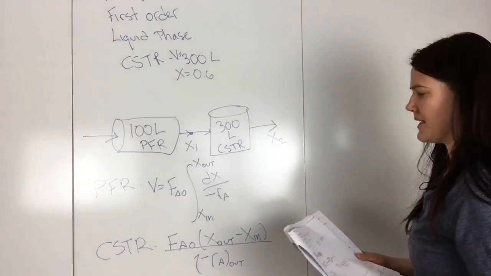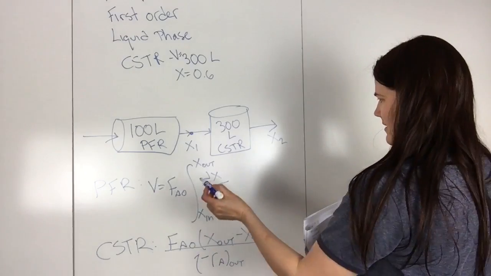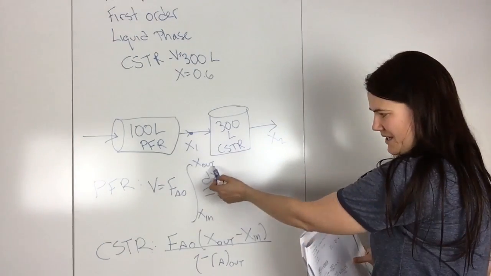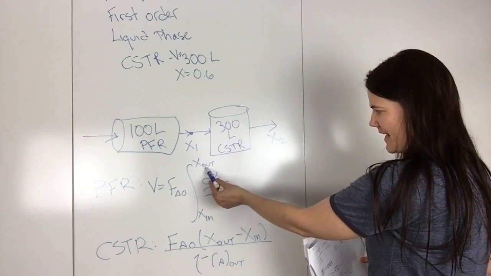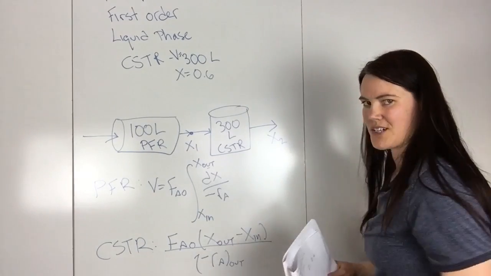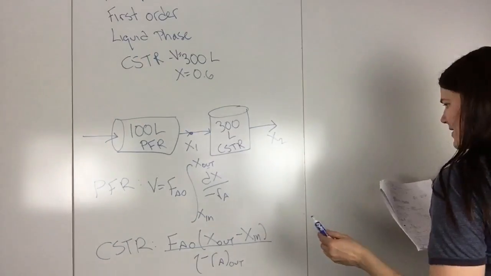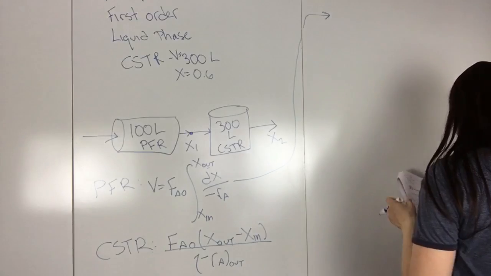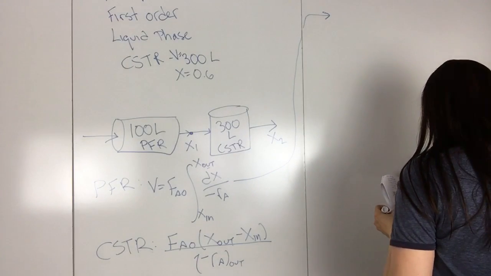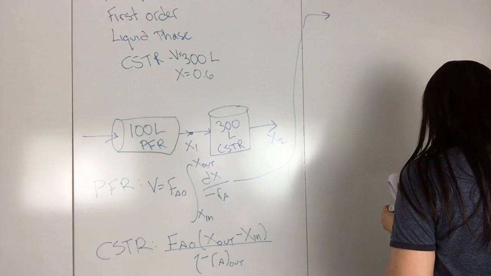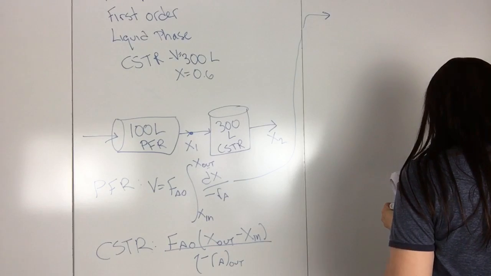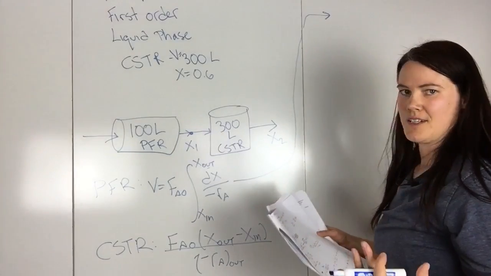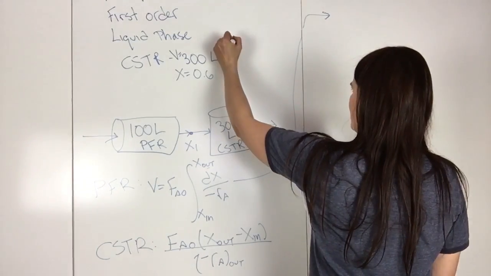So the first thing we need to do is, we have this PFR and we need to find out what X out is, so then we can solve the next equation. First, I want to write down the relation for the concentration and the molar flow rate.